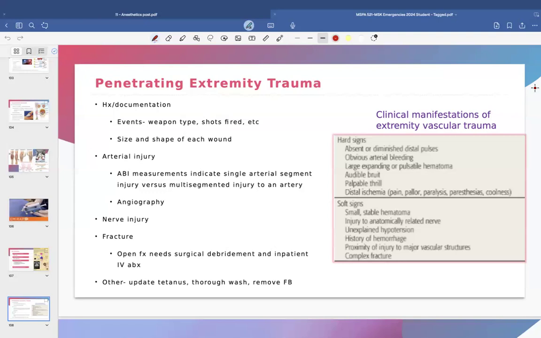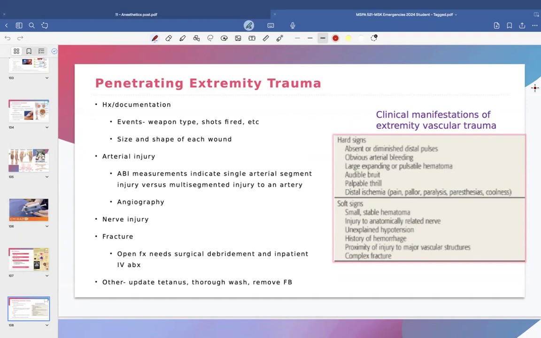For septic joints, unfortunately, a lot of these guys are our IV drug users or are immunocompromised, if they had a recent surgery, things like autoimmune. You should be concerned about a septic joint if the patient has a swollen joint and they're febrile. You're going to get labs.